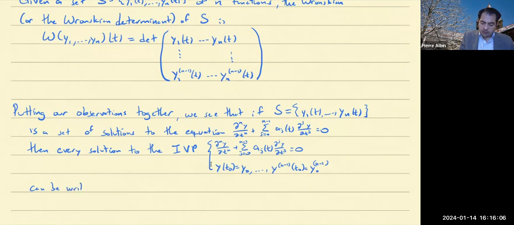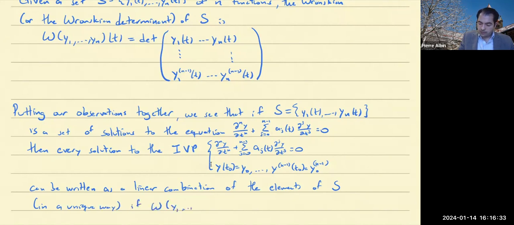then you're guaranteed that every solution can be written as a linear combination of the elements of S in a unique way if the Wronskian evaluated at the point t naught is not equal to 0.